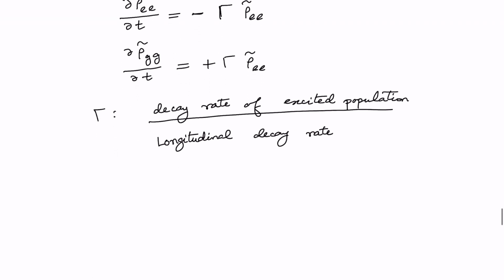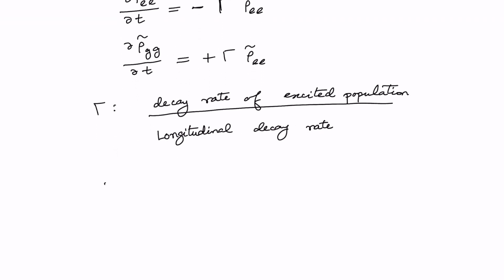Also note that the coherence terms rho ZE and rho EZ also decay, and their decay can be incorporated by writing this equation. This is basically called a phenomenological treatment. Rho tilde ZE decays via this equation, and this is called the decay rate of coherences.